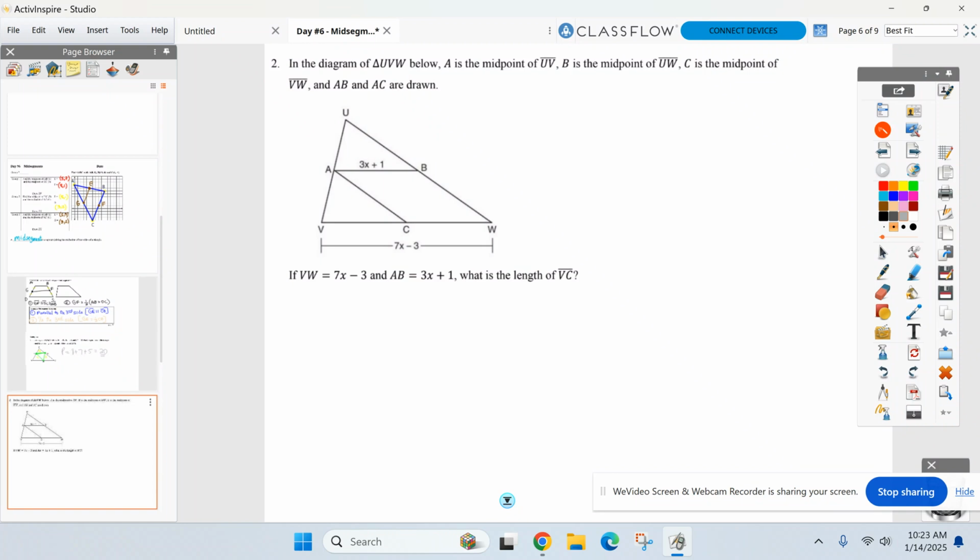Go ahead, read through number 2. I'm looking for the length of VC at the end of this one.